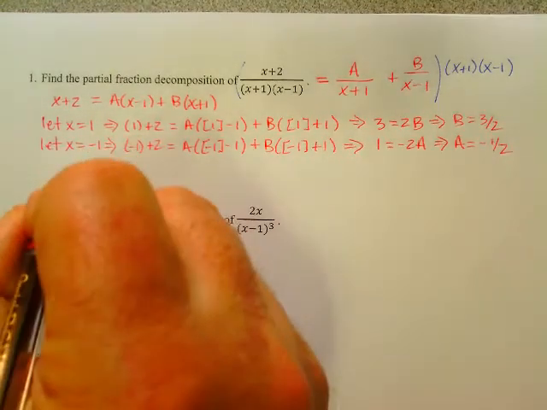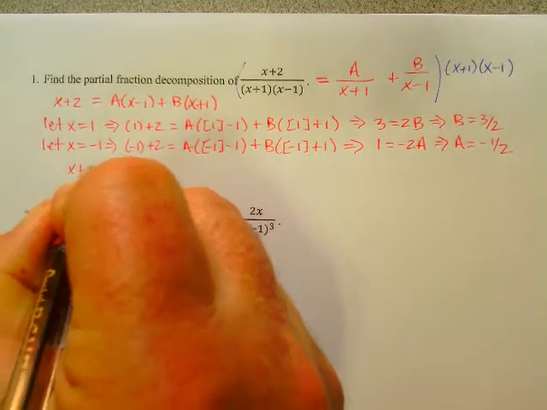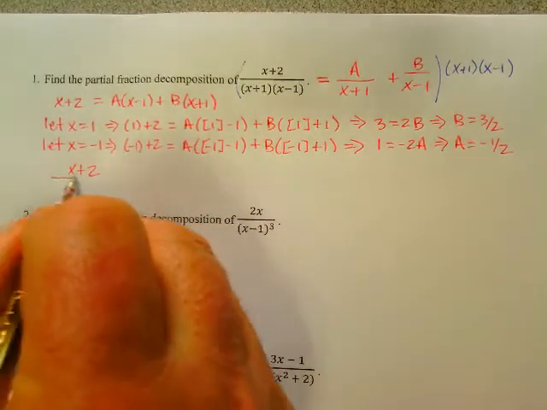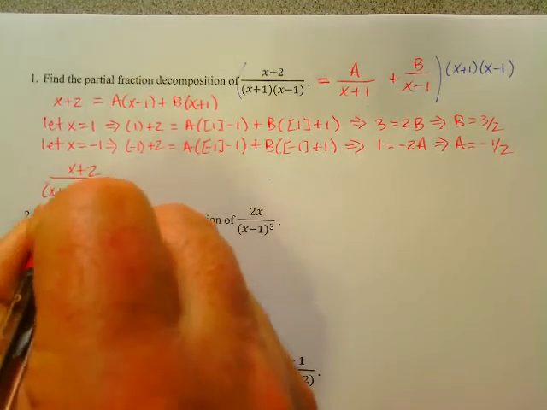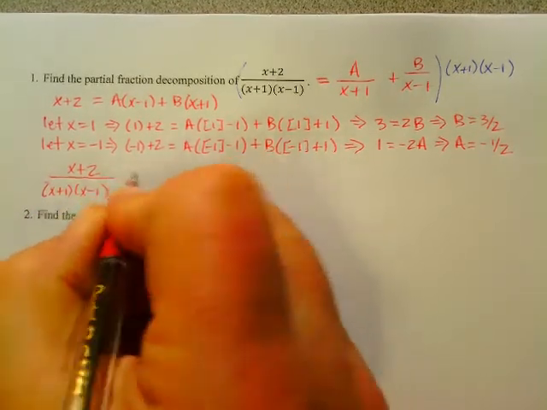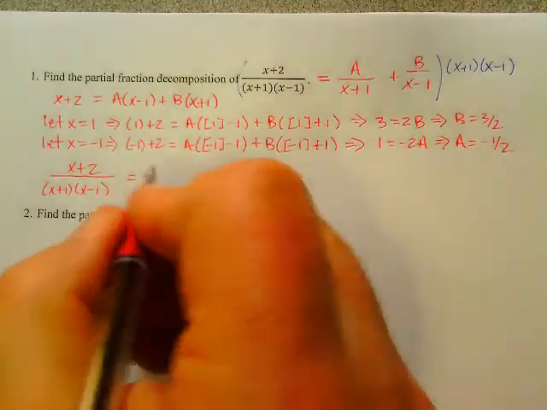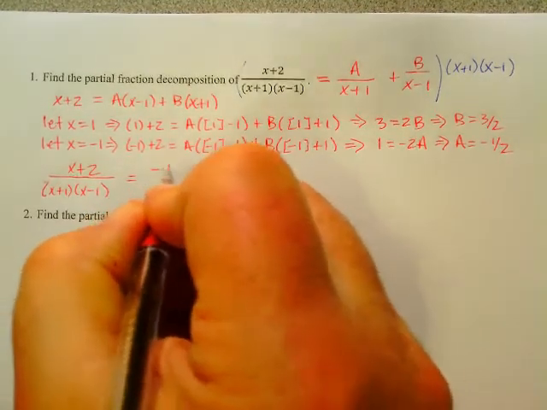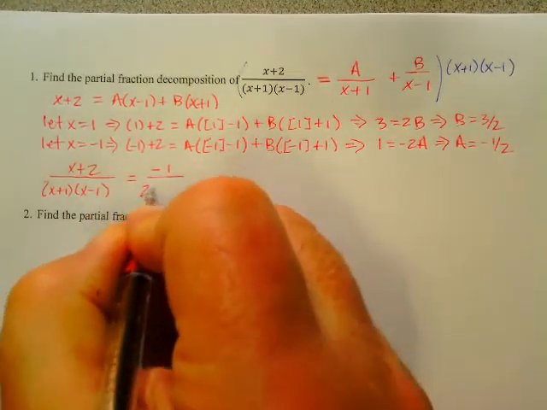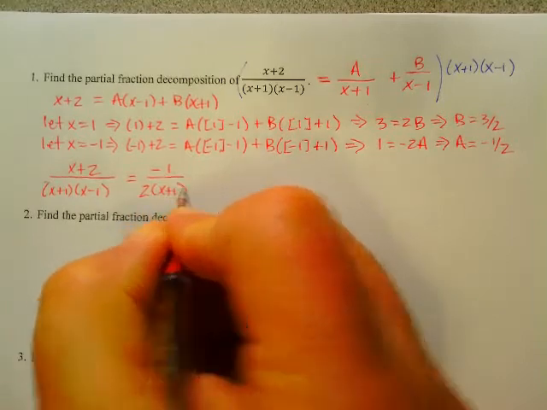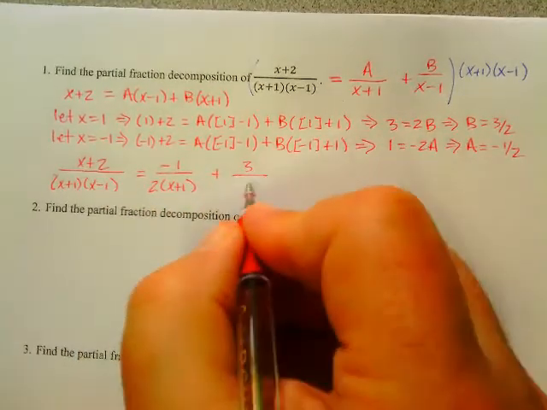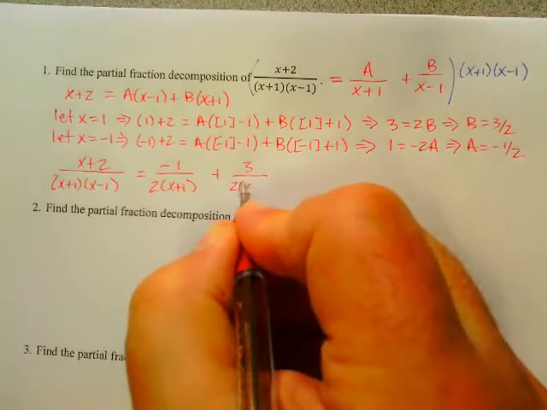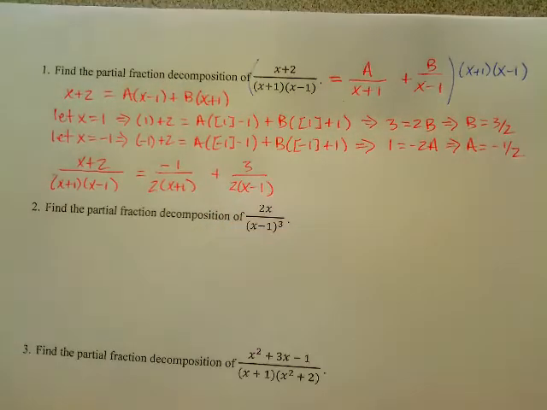And so we have taken x plus 2 over x plus 1, x minus 1, and turned it into negative 1 over 2 times x plus 1, plus 3 over 2 times x minus 1.